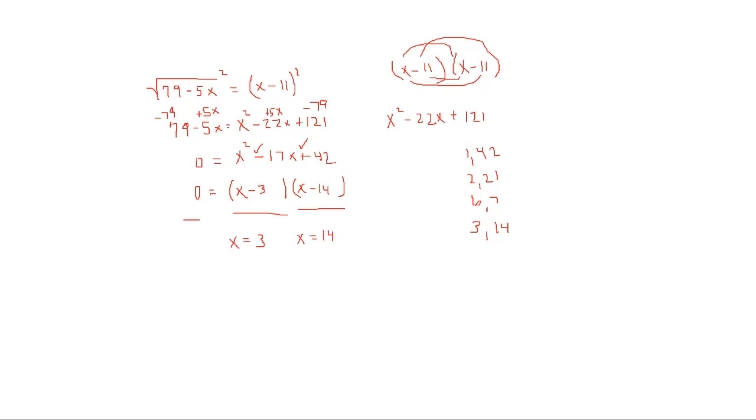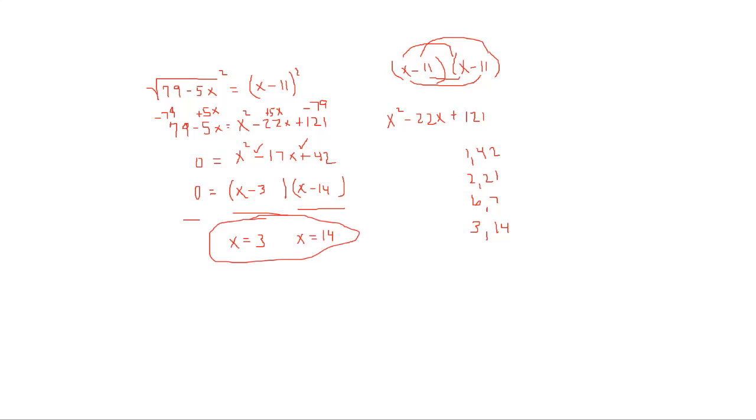Now remember, anytime you have a square root, you cannot have a negative underneath. And if we plug 14 in for x, 5 times 14 luckily is 70, so that's going to be okay. 79 minus 70, that's going to keep us in the positive range. So it looks to me like both of these are actual solutions.